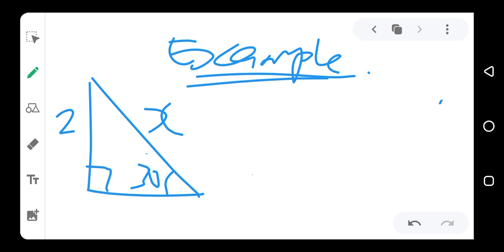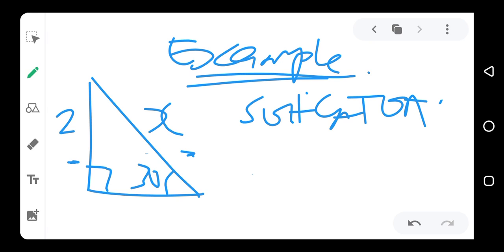Now, can we calculate x? Here, we have the angle 30, and we have the opposite and the hypotenuse. Which one involves opposite and hypotenuse? That is sine, this one.